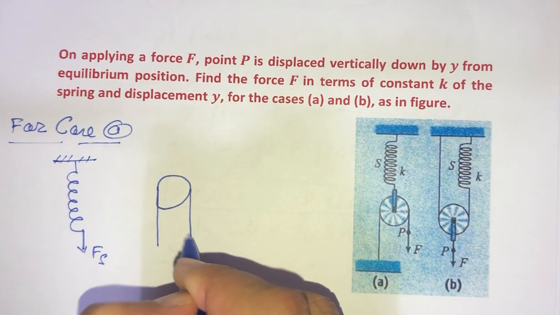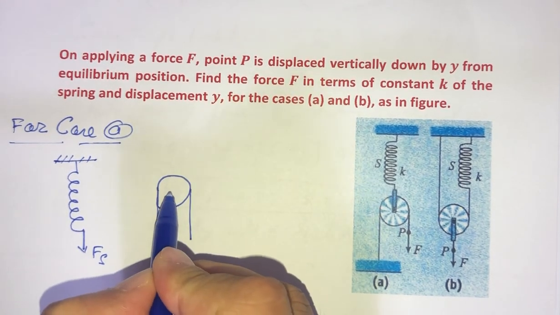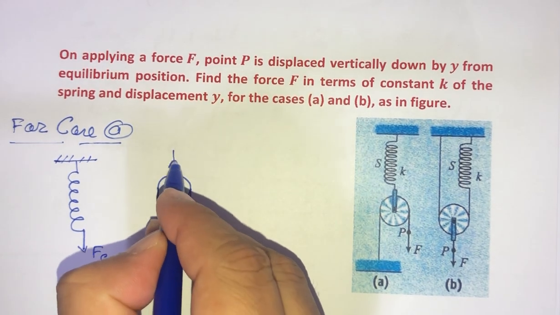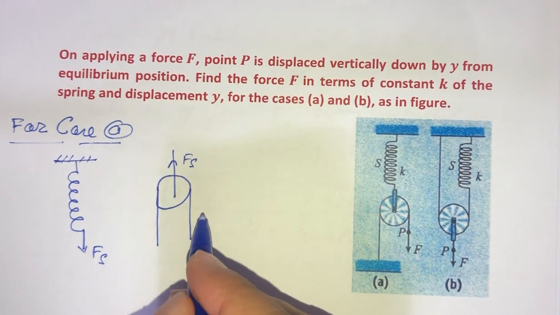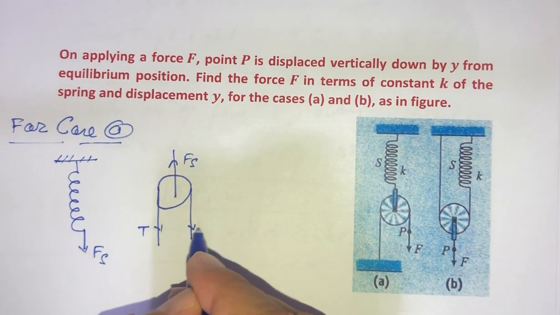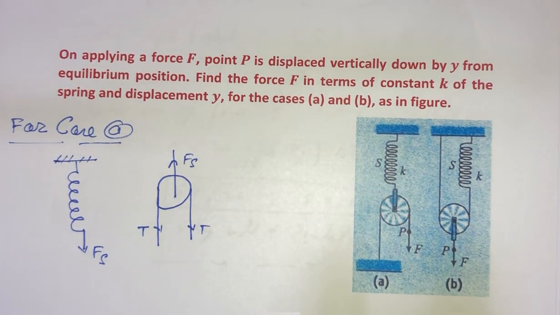So this is a pulley, and now this pulley will be pulled in the upward direction by force Fs, and we are going to have tension T in downward direction.